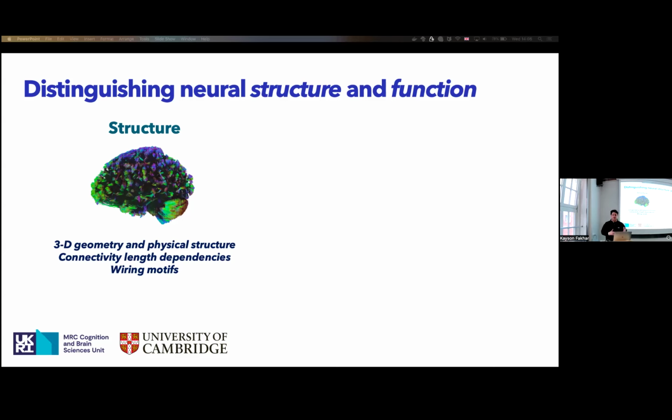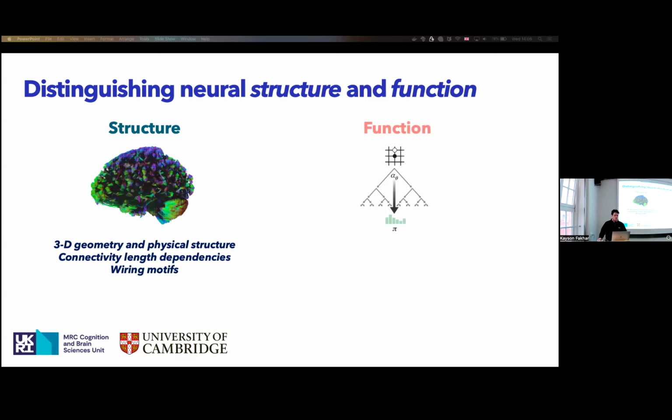We might think of something like connectivity length dependencies. You may have heard of this idea of a wiring economy, the idea that we have non-random connectivity lengths within the brain, and there are various hypotheses for this, and wiring motifs. This is actually a lot of what I started focusing on in my early PhD.